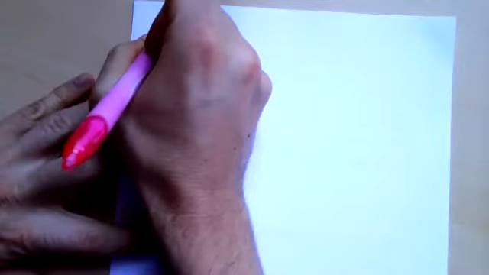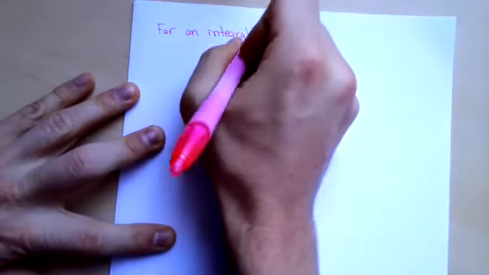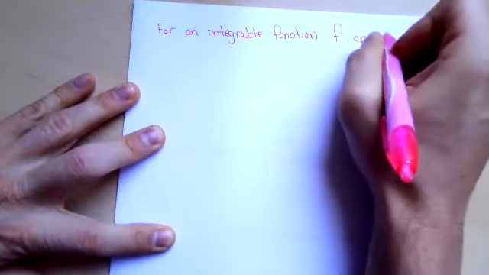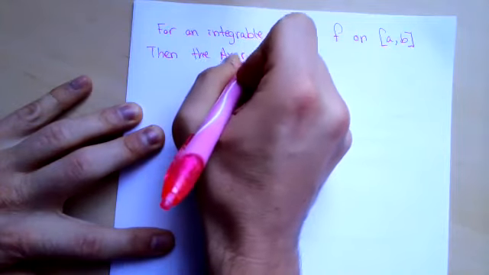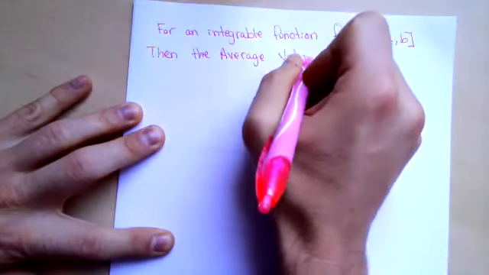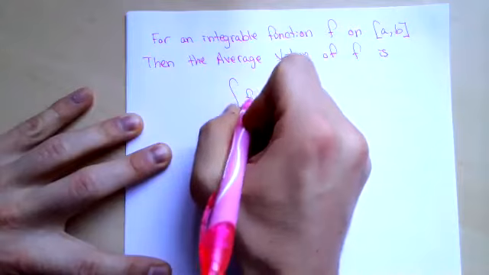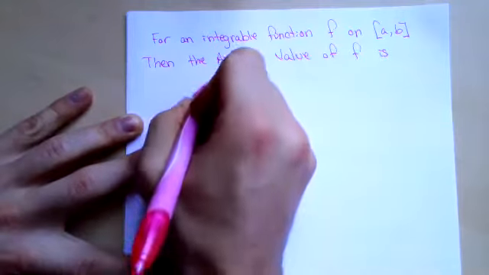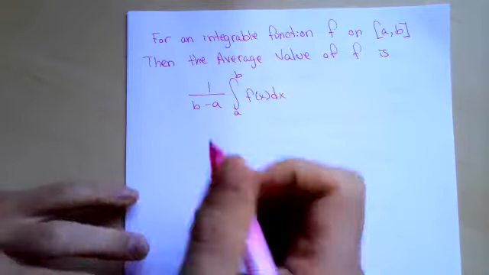So for a function, let's say an integrable function f on some interval a to b, the average value of f is the integral of the function over that interval, and then you just divide by the length of that interval.